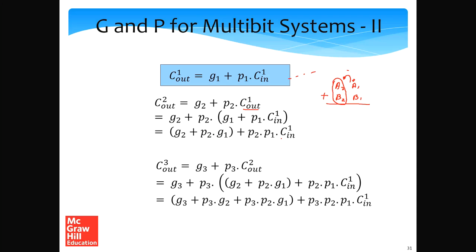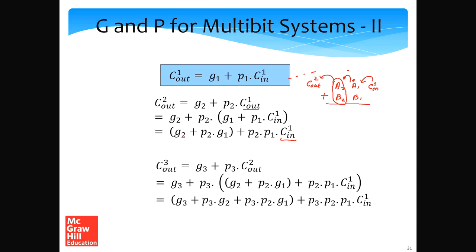So what I see is that finally I have Cout2, which is the carry coming out from this, and the carry which is going in, which is Cin1. So I finally have an equation in terms of Cin1 and the generate and propagate functions of the pair of bits.